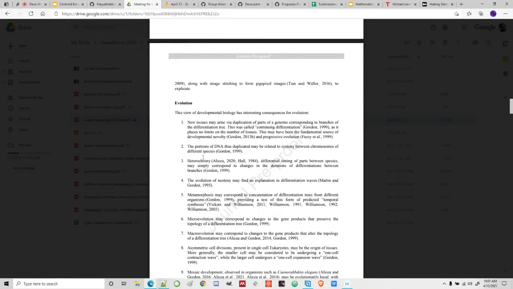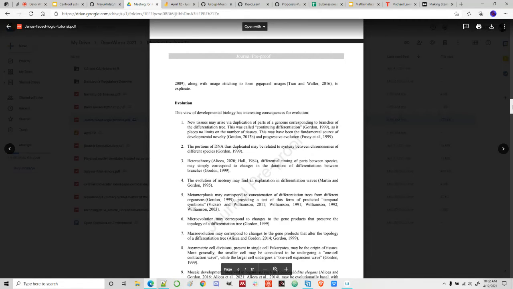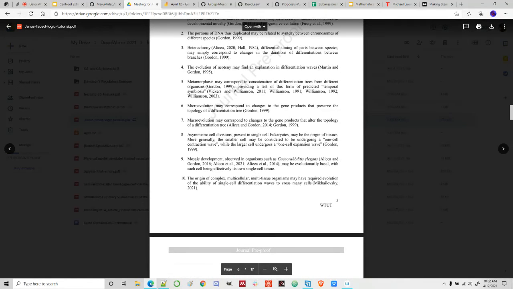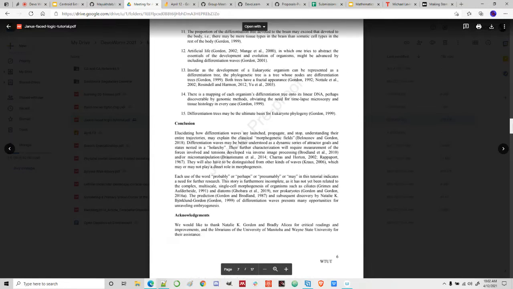So, for example, there are things like heterochrony, or the evolution of neoteny, or metamorphosis, which is when you have one organism that transforms from one phenotype to another in development, like a caterpillar into a butterfly. You get different types of asymmetric cell divisions, and so there are all these different things that it explains.